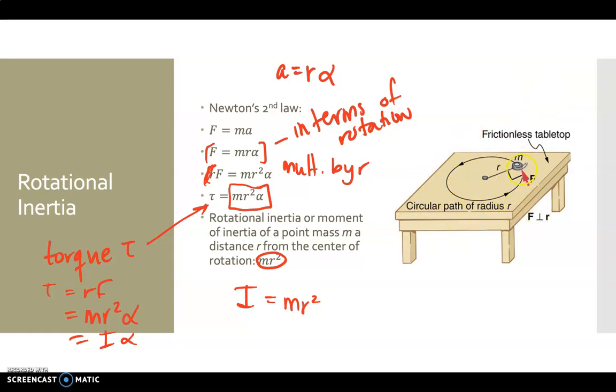So we're assuming that this mass rotates along that circular path, given some force and mass and a radius. One thing to note is that our force is going to be perpendicular to our radius always along this line. So just keep this in mind, just in a directional sense.